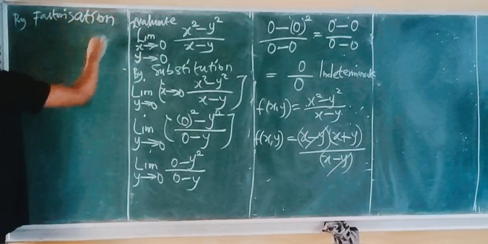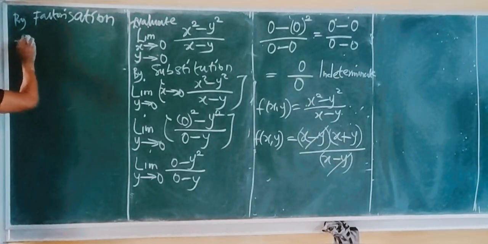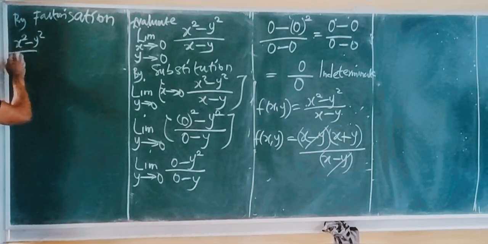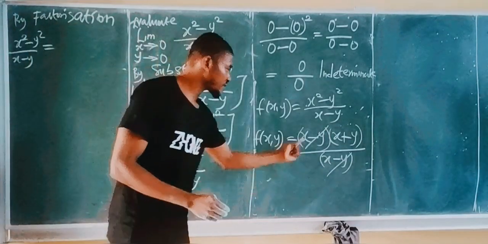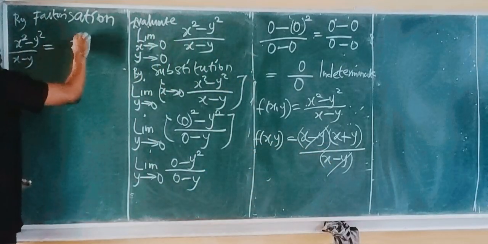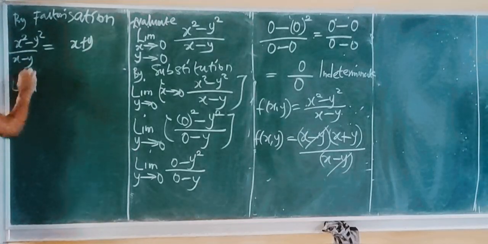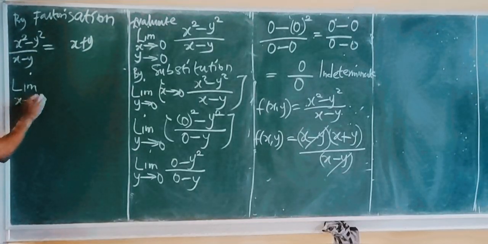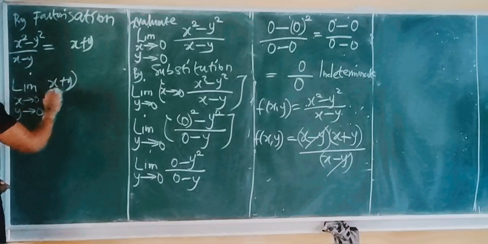By factorization, x squared minus y squared all over x minus y is equal to x plus y. So the limit now becomes the limit as x tends to 0, y tends to 0 of x plus y.